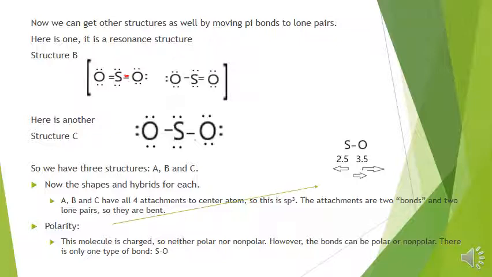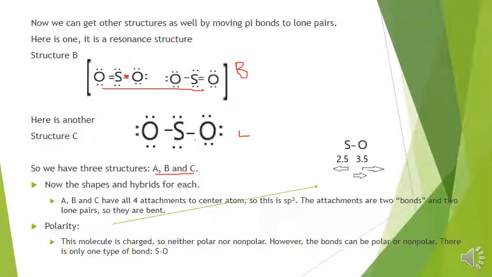So we have 2 of these guys, and this is just one structure. It's called a resonance structure. So we'll call this structure B. Right, we can get another structure where both double bonds come out as lone pairs, and then you can get this. So we have 3 structures, A, B, and C.